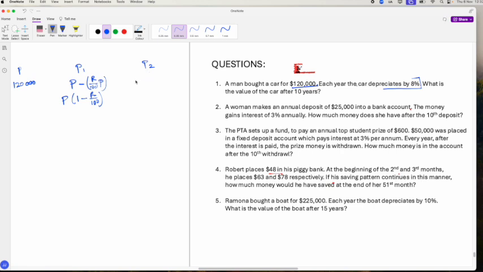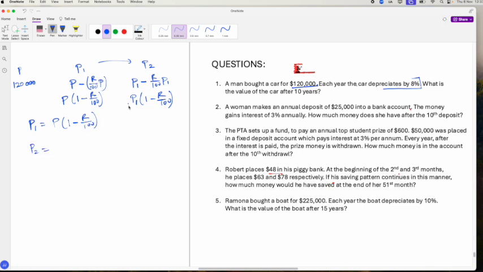It'll depreciate by 8% from P1. So it'll be P1 now minus the 8% of P1, which ends up being P1 into 1 minus R over 100, and this is P2, right? So we could see here that P1 is P into 1 minus R over 100.